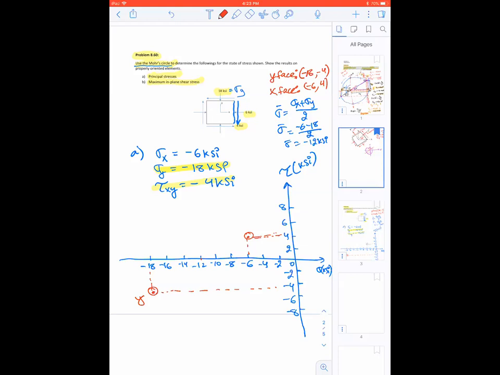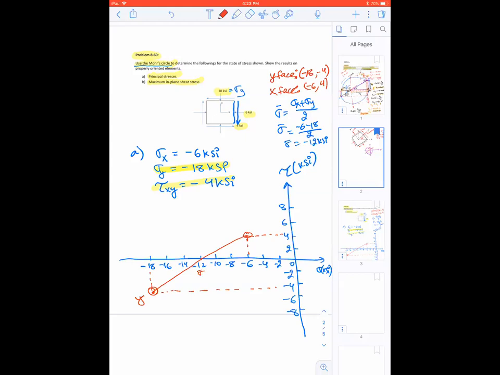And if I draw a line through them, it should pass through the center, which is sigma bar, minus 12.